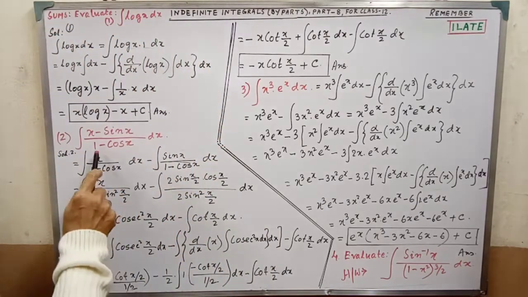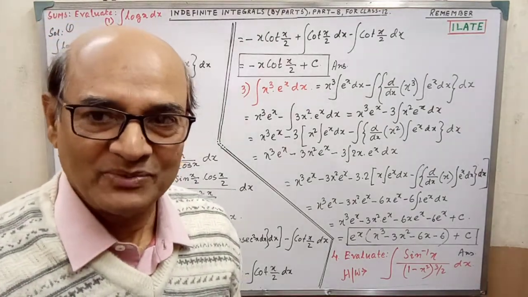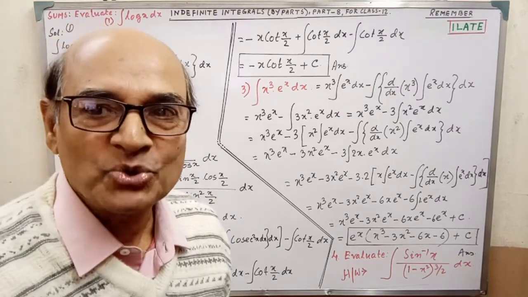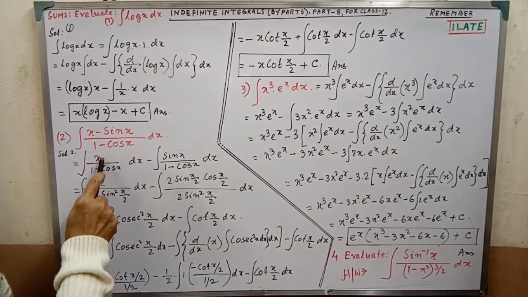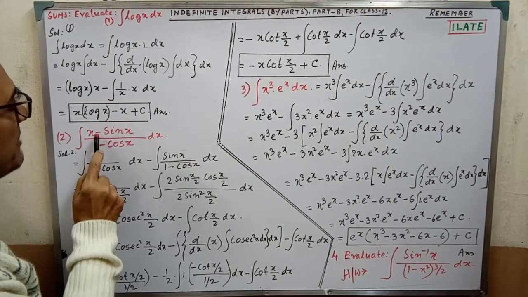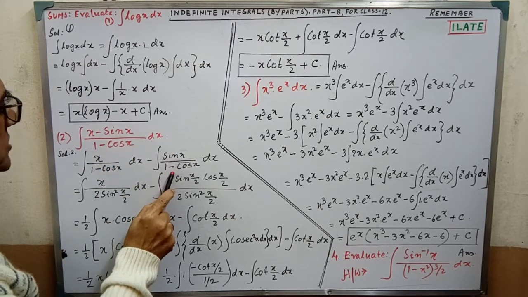Second sum. This is also not exactly in the frame of the formula. You have to simplify. See in which way I am simplifying. x by 1 minus cos x, and here is minus, then sin x by 1 minus cos x.